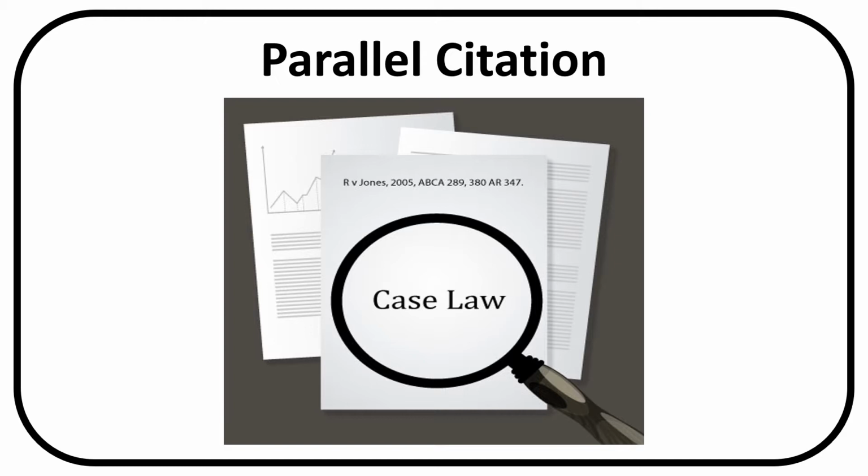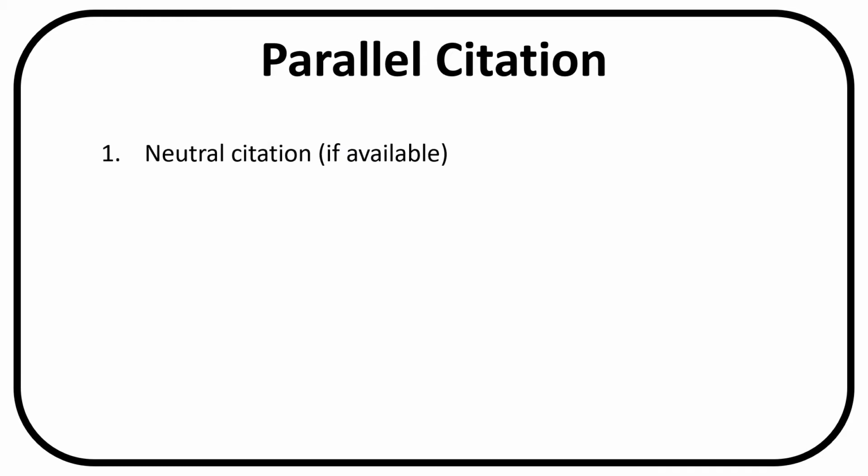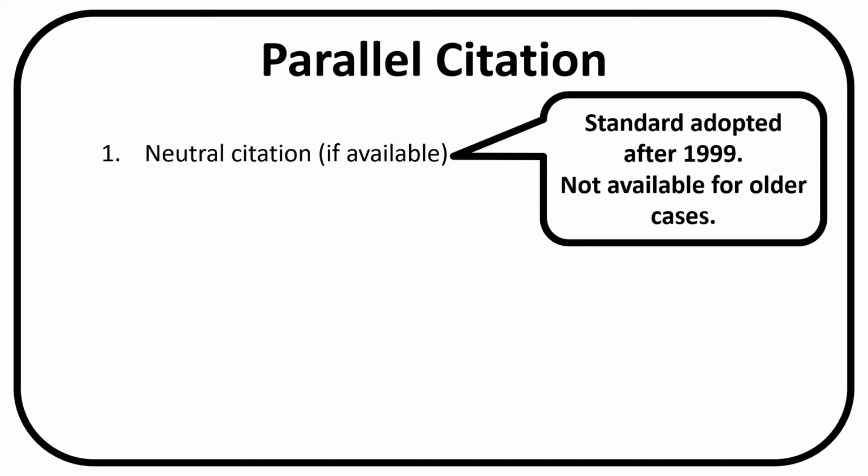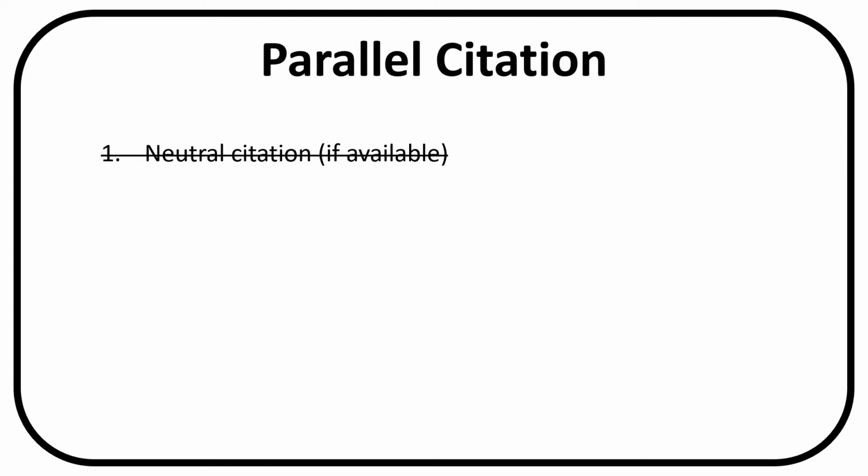The sources are listed in a parallel citation in the following order. First, a neutral citation, if one is available. If no neutral citation is available, two sources must be used in place of the neutral citation.